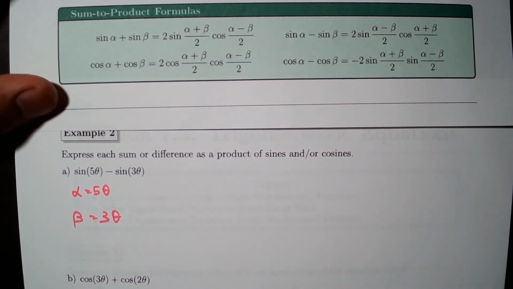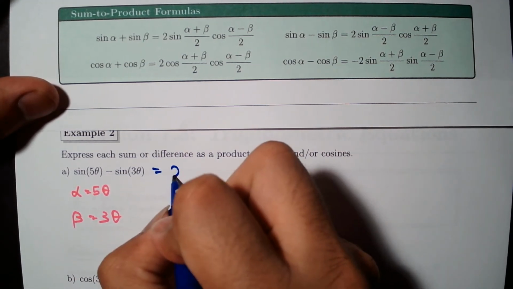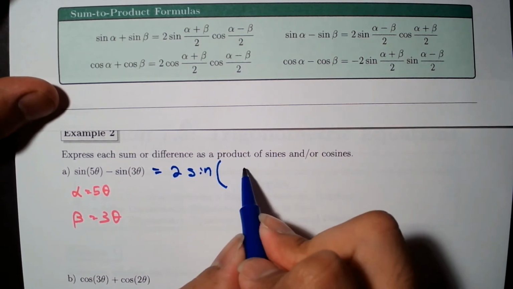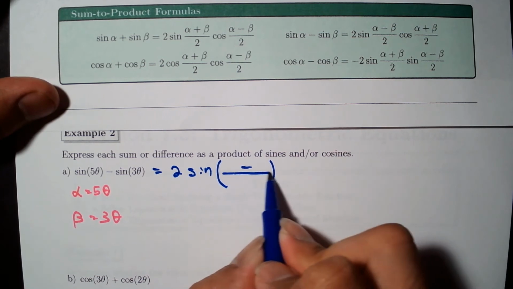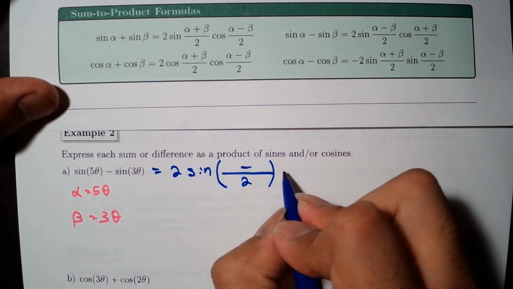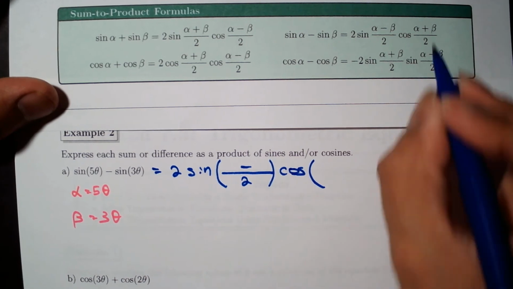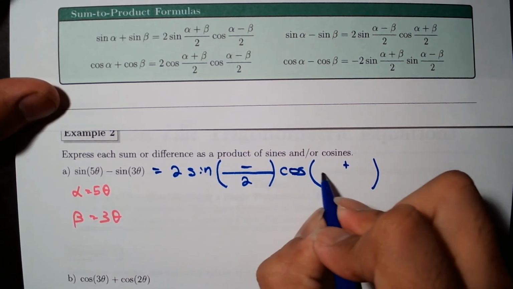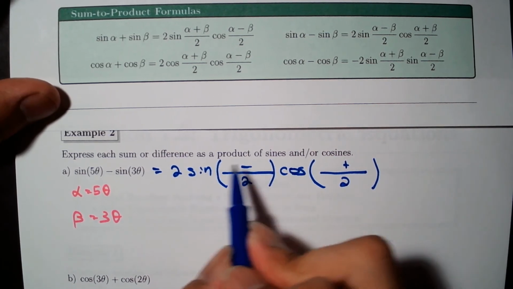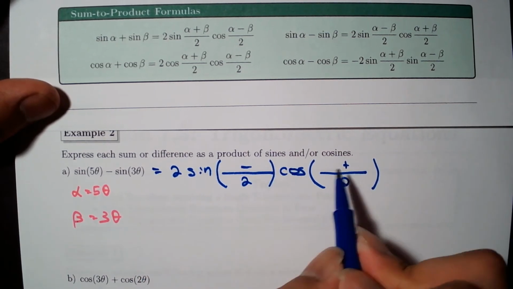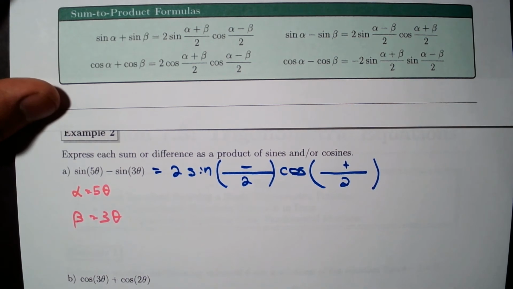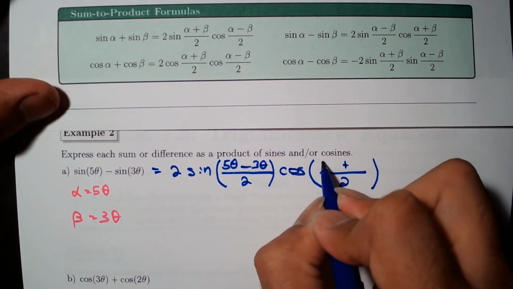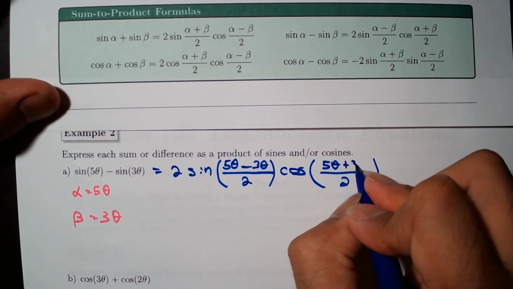So that's going to be 2 times sine of something minus something over 2, cosine of something plus something over 2. Well, what are the somethings here? Alpha and beta. So in this case, that's 5 theta minus 3 theta, and 5 theta plus 3 theta.